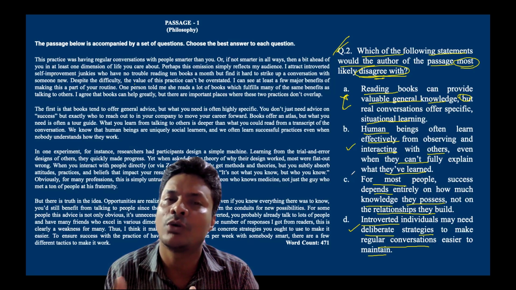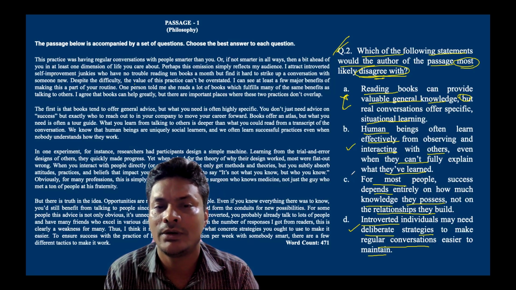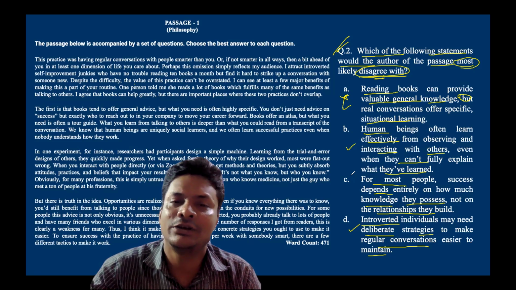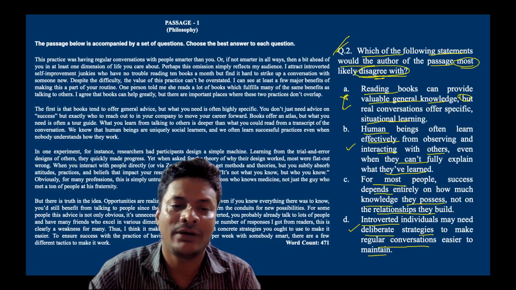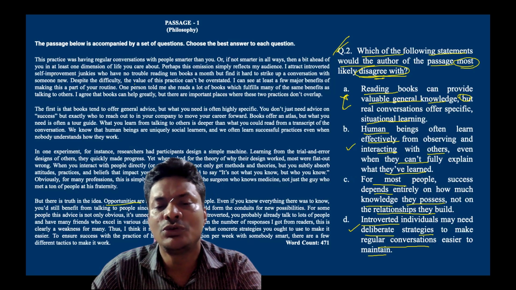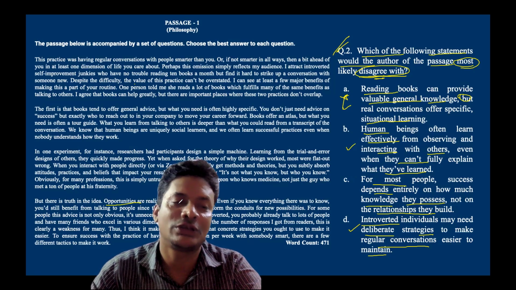So the author wanted to say that opportunities are realized through other people, isn't it? In that case, you can look at the last paragraph, first line, where it is stated opportunities are realized through other people. So even if you knew everything there was to know, right? That's what the author stated.